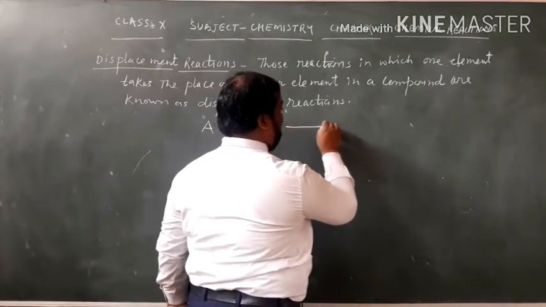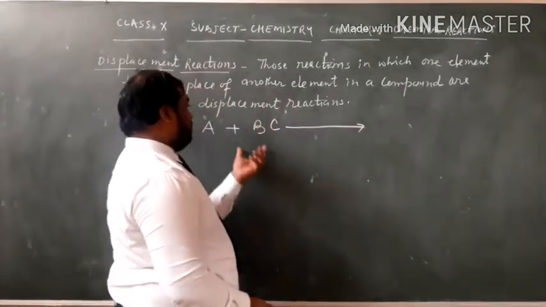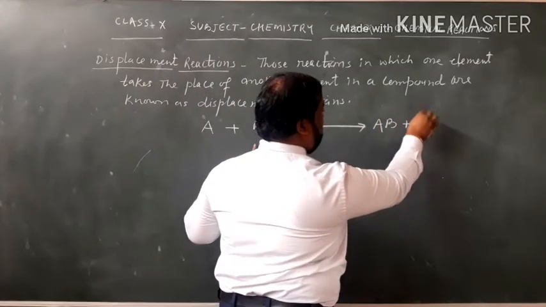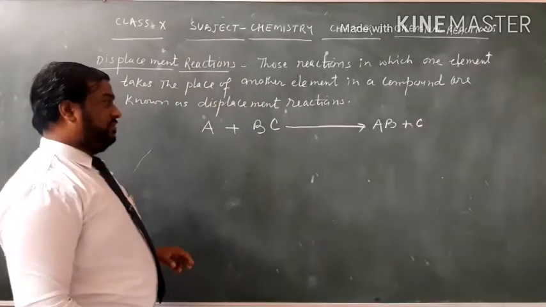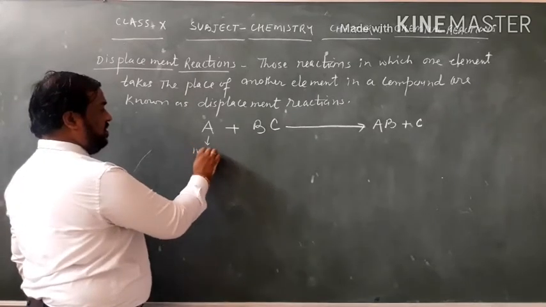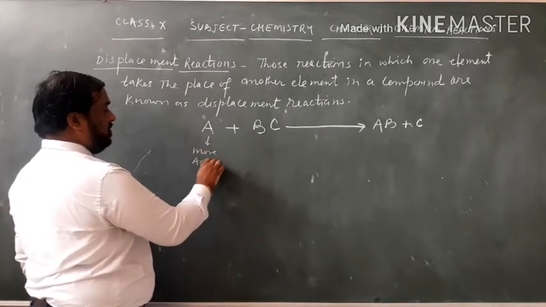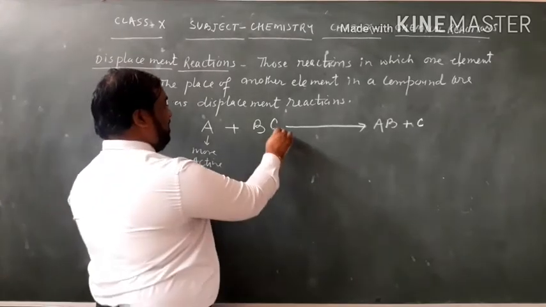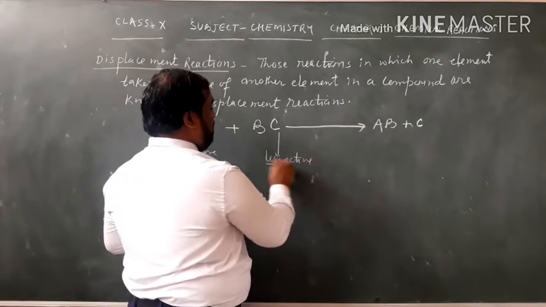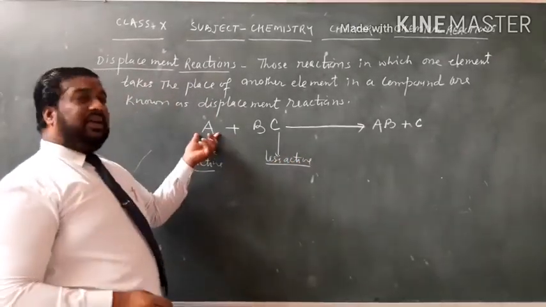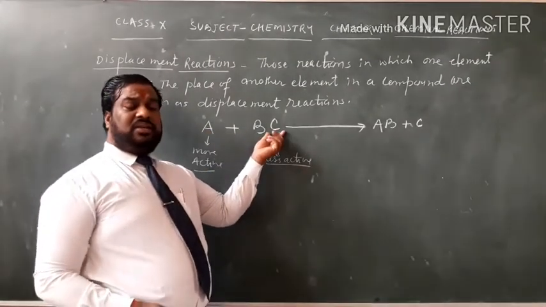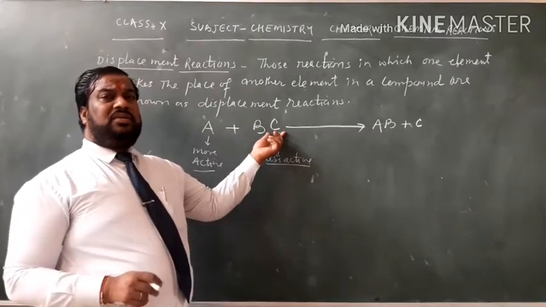The reaction is carried out to form AB plus C removed. So here A is more active and this C is less active. That is why element A displaces the C element from their compound.